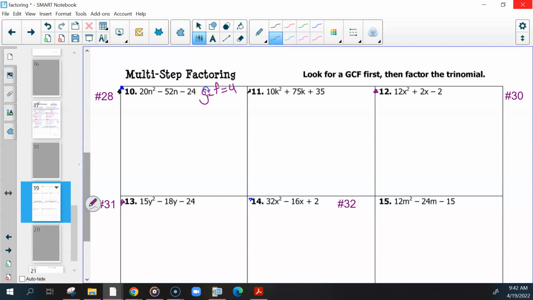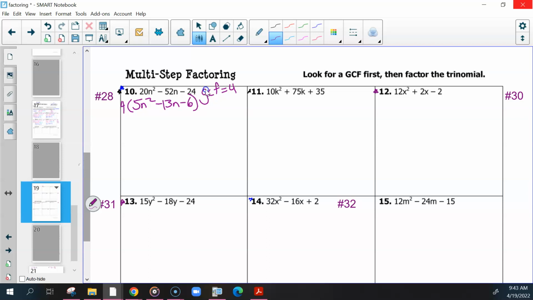So once you figure that out, we're going to divide out that GCF. If we divide 4 out of everything, what would be left? Minus 13. Minus 6. So now we have smaller numbers to work with.